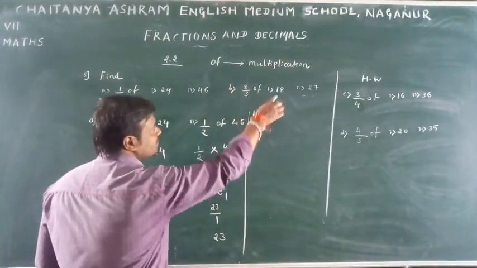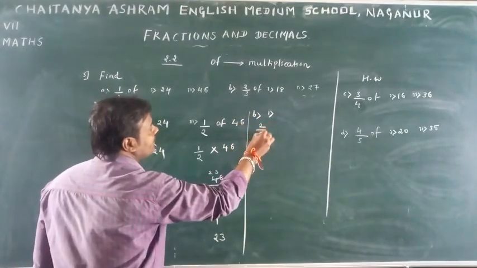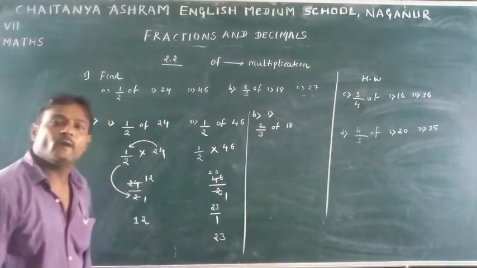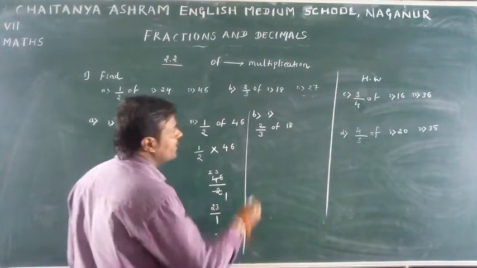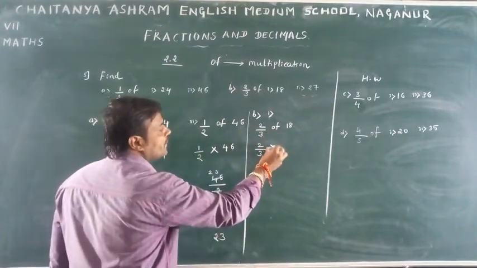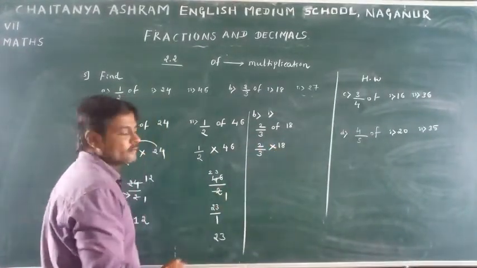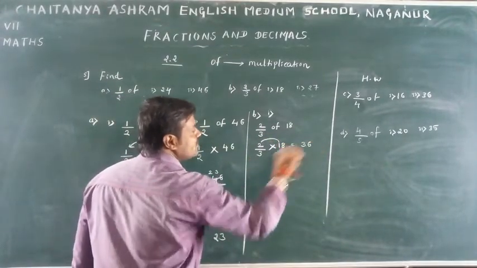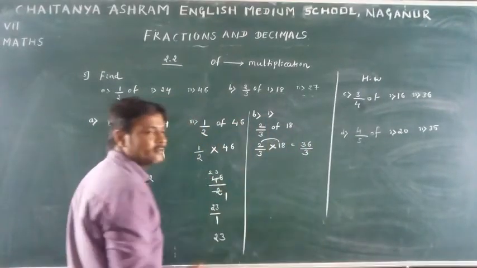B. First, 2 by 3 of 18. What is its value? You have to find. Don't worry. 2 by 3 of means multiplication into 18. Then multiply 18 into 2, 36, keeping the denominator 3 as it is.